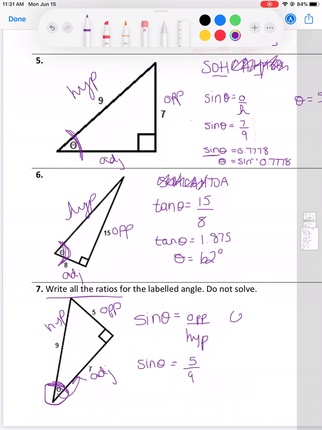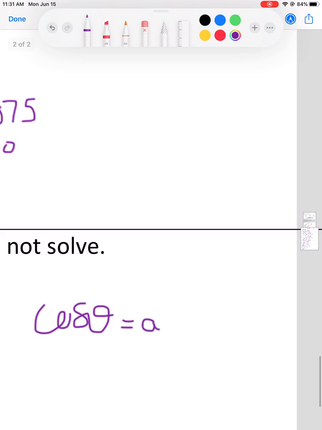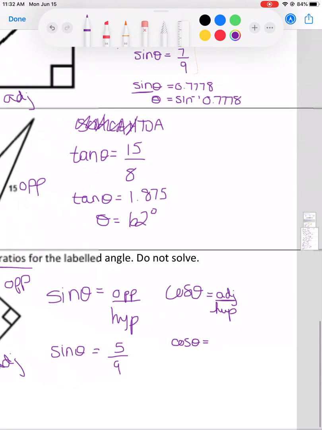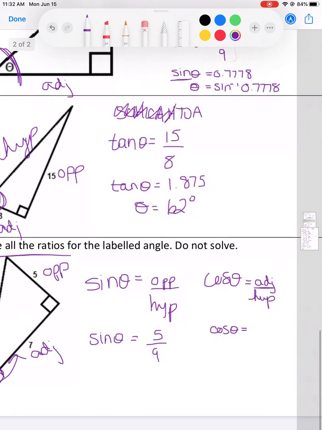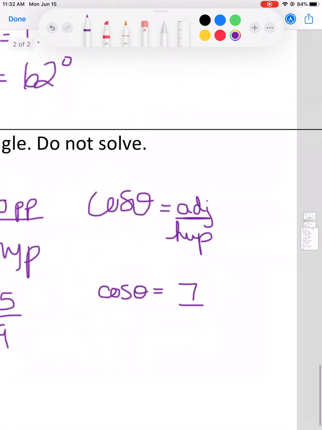Now cos theta is equal to adjacent over hypotenuse. What's my adjacent? It's 7. What's my hypotenuse? It's 9. And that's it.